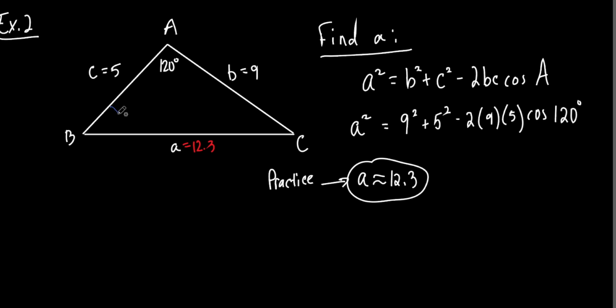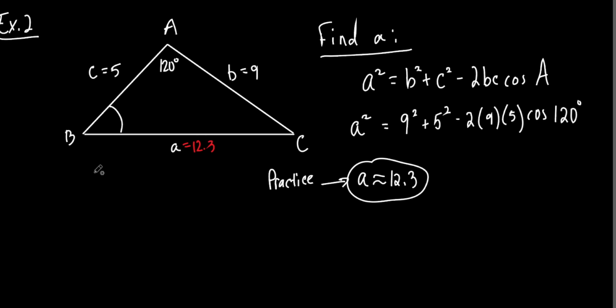So you could solve for angle B using the law of cosines, except what's your variable going to end up being? This B. Let's do it. I talked myself into it. Let's use the law of cosines and not the law of sines. If you look in the book, in the example, they use the law of sines. I don't know, maybe I should, just so we practice the law of sines. Yeah, we're going to have enough practice with the law of cosines. I talked myself back out of it again. So let's use the law of sines.